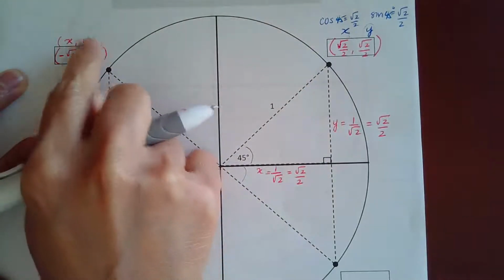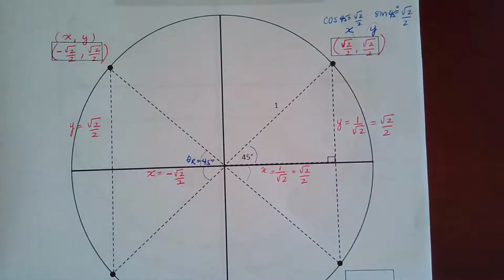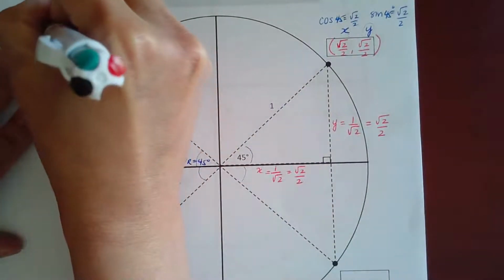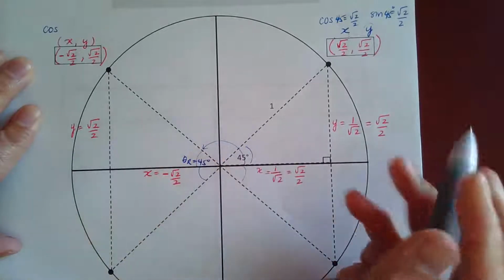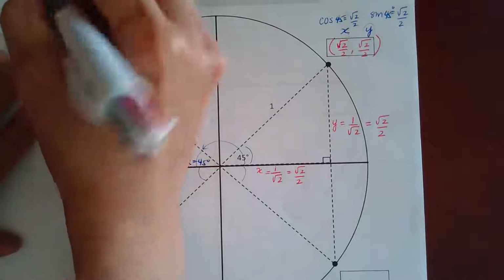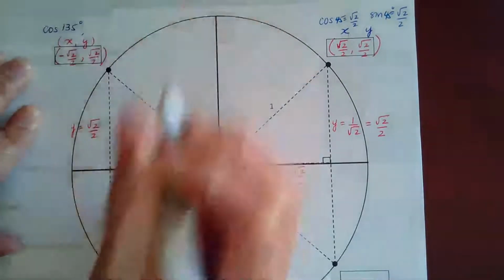Well, what does this really mean in terms of our angle? The x here is the cosine of the angle from here to there. That's going to be 180 minus 45 degrees, so that's 135 degrees.